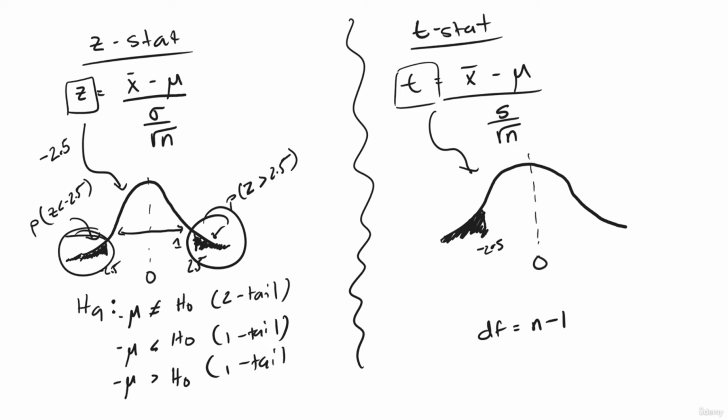Now, one thing to note, as the degrees of freedom increases, as we use larger and larger samples, like say our degrees of freedom here was like 10, but let's just say our degrees of freedom went up to 100, you would see the T-distribution approximate a normal distribution. So as our sample sizes get bigger, our degrees of freedom gets higher, and as our degrees of freedom gets higher, the T-distribution turns into the Z-distribution or the standard normal.